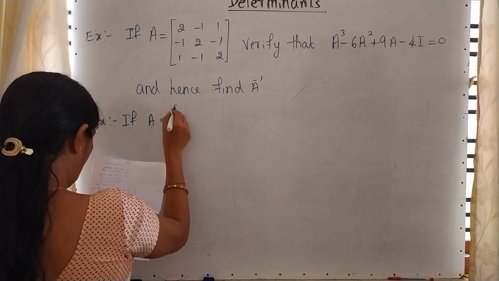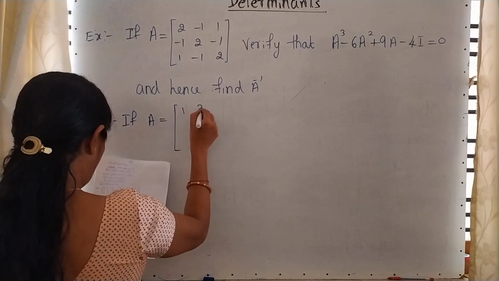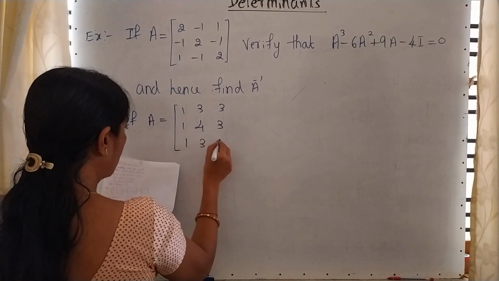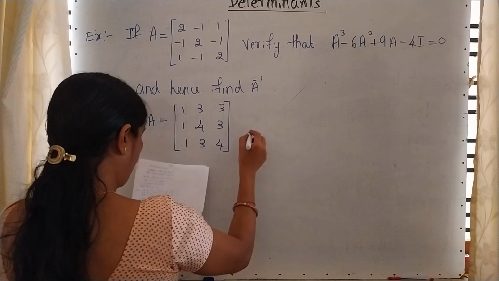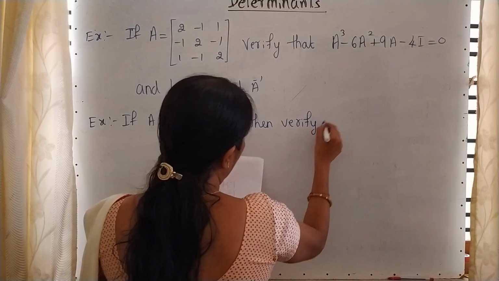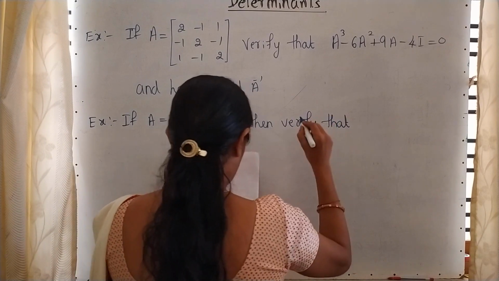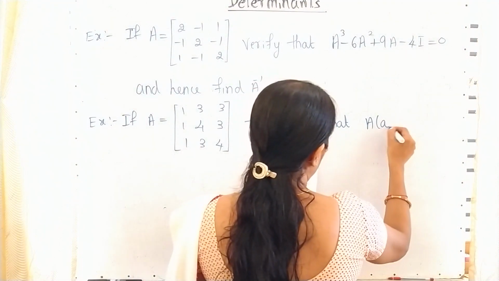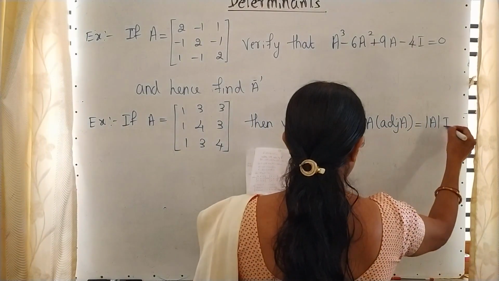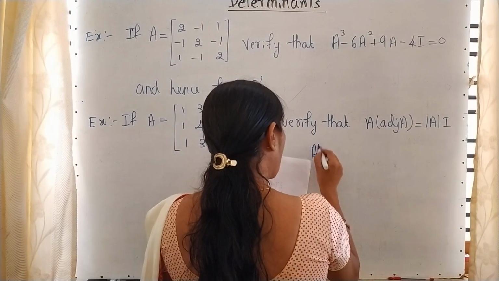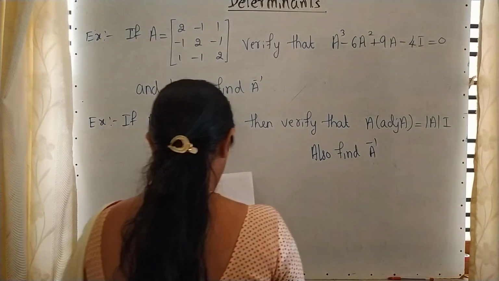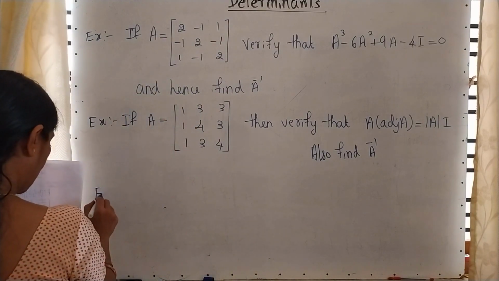If A is equal to [1, 3, 3; 1, 4, 3; 1, 3, 4], then verify that A into adjoint A is equal to determinant of A into I. Also find A inverse. Next question.